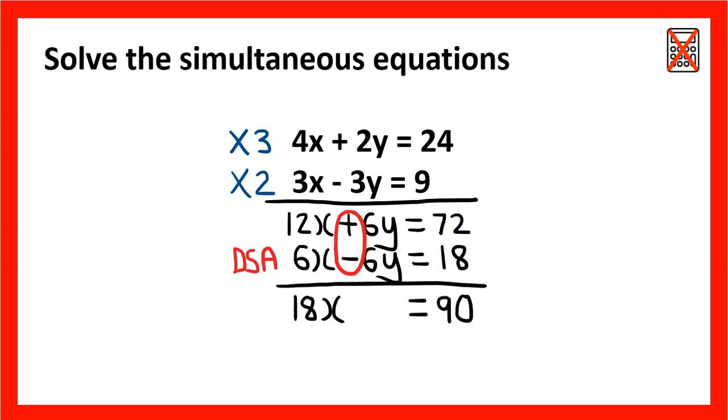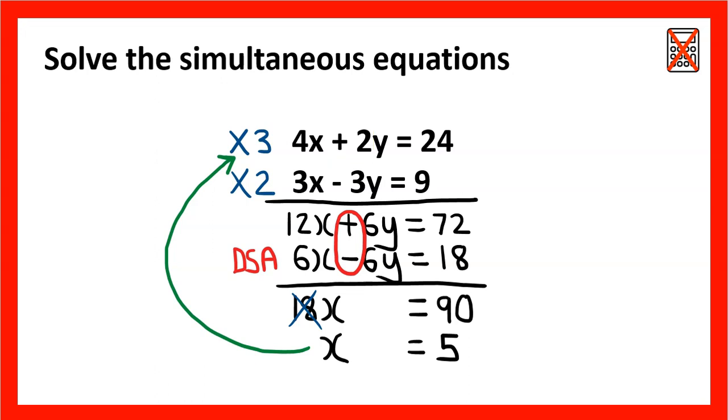Now that we know 18x is 90, we can divide by 18 on both sides, so x would be equal to 5. We can substitute this back into one of the original equations to work out y. If you've watched my previous videos on this topic, you'll know that I prefer to substitute into the equation which has a positive in front of the variable that we're trying to find, like this one here.